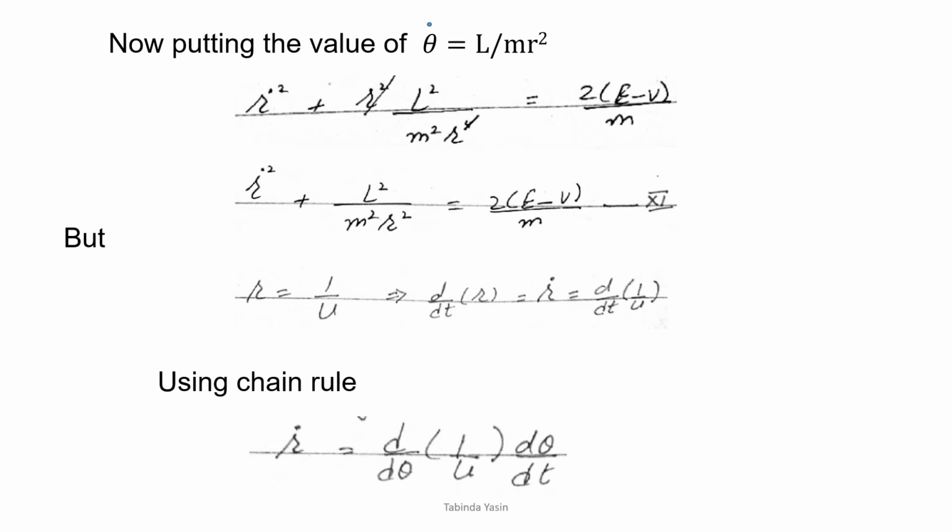By applying the chain rule, on the right hand side we multiply and divide by d theta. Rearranging the equation, we get r dot is equal to d by d theta of 1 over u into d theta by dt. Here we know that d theta by dt is the first differential of theta, so that can be written as theta dot.